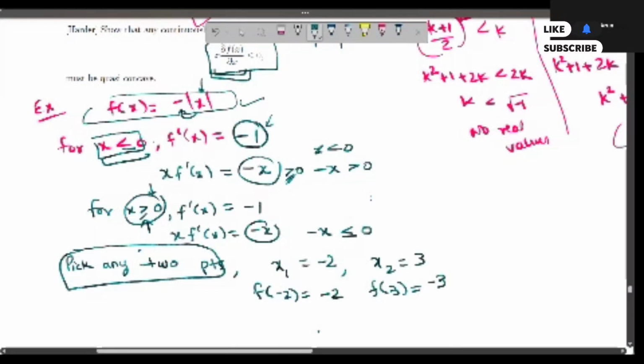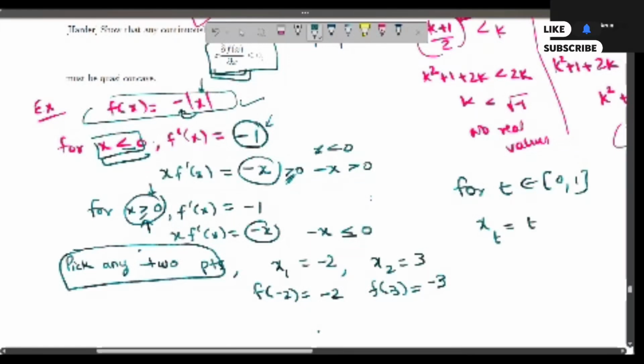And then if you consider any t between 0 and 1 here, since it's quasi-concave, we need to find the minimum of f(x) and f(y). Correct. So it is going to be -3.